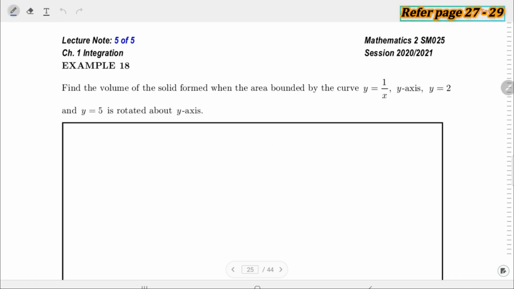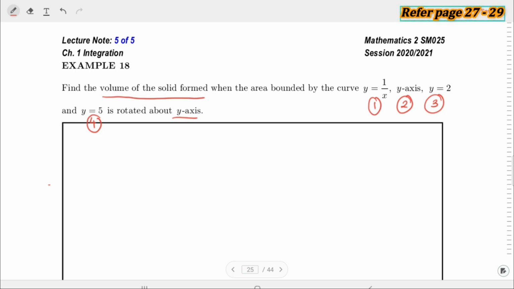Find the volume of the solid formed when the area bounded by y equals 1 over x, the y-axis, y equals 2 and y equals 5, is rotated about the y-axis. Please be careful under this question on application of integration. This is volume.